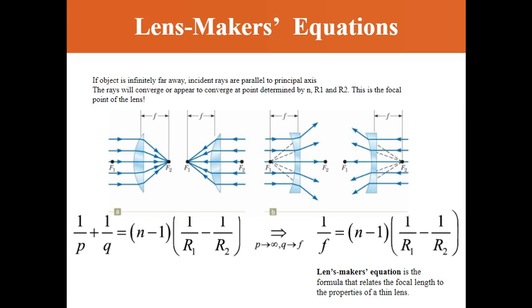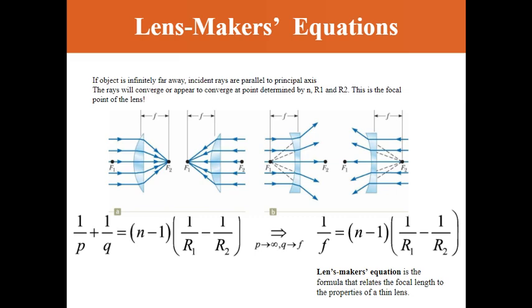To find the focal length, you can take the formula we talked about for finding the image distance, and much like with concave mirrors, there's a point where the object can be moved so that it's essentially infinitely far away. That's why you get those parallel rays approaching the lens.